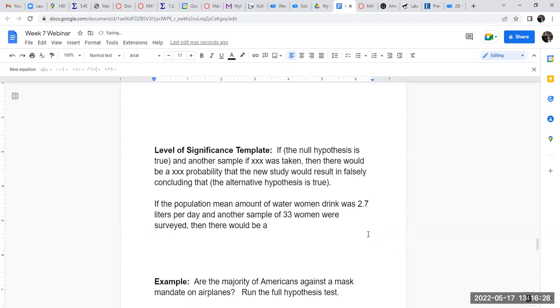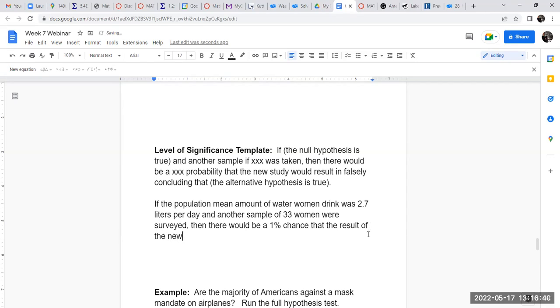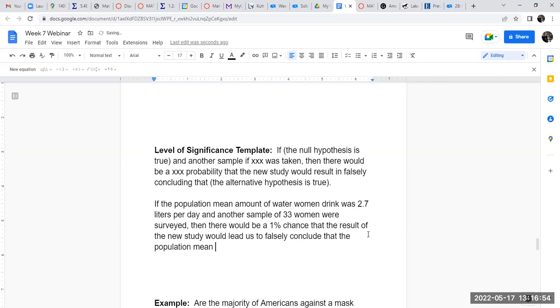Now we're doing a 1% level of significance, 1% chance that the result of the new study would lead us to falsely conclude that the population mean amount of water women drink is less than 2.7 liters per day.